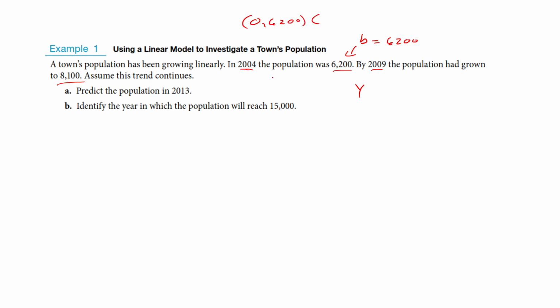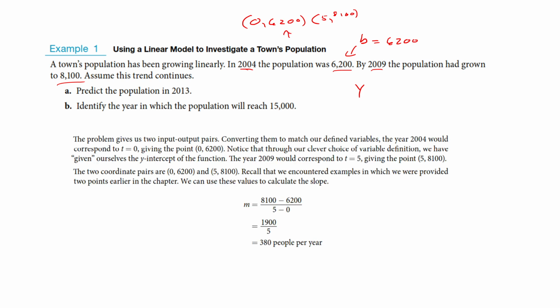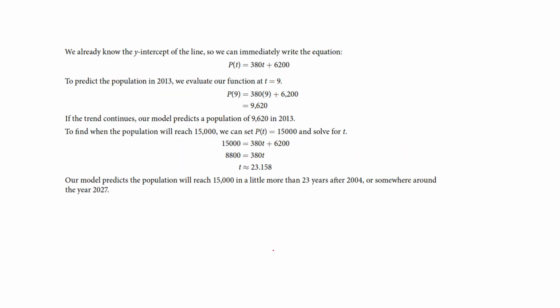And it's 5 years later, we have a population of 8,100. I have 2 points here, and this one point just happens to be the y-intercept. So we can find that slope, and it turns out to be 3,800. And we had that initial, so there is the equation.